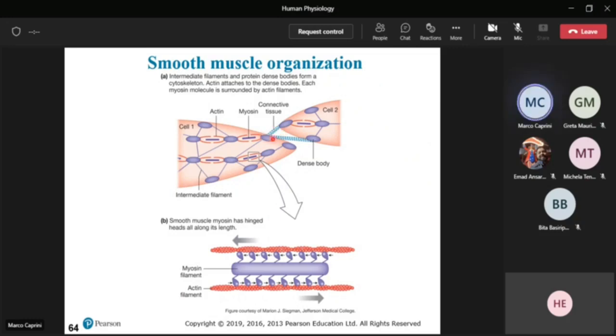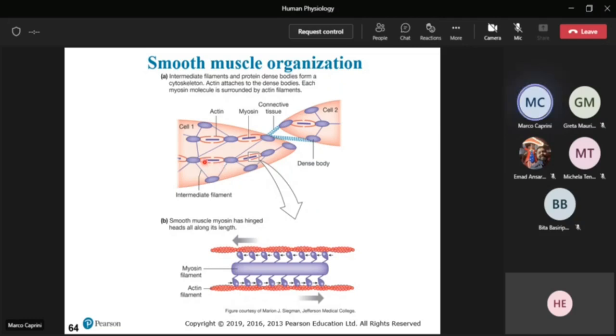In the smooth muscle cell, myosin filaments are longer, and the entire surface of the filaments is covered with myosin heads. So this myosin head, here and here, can move all along the actin filaments.